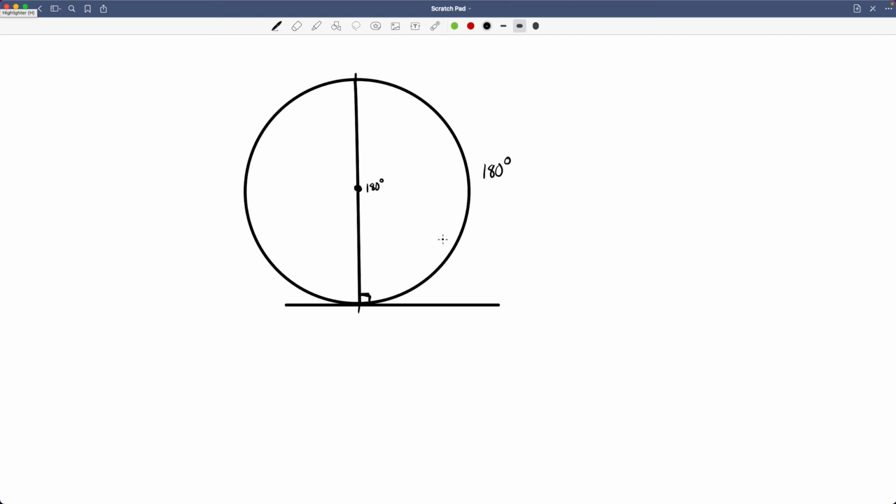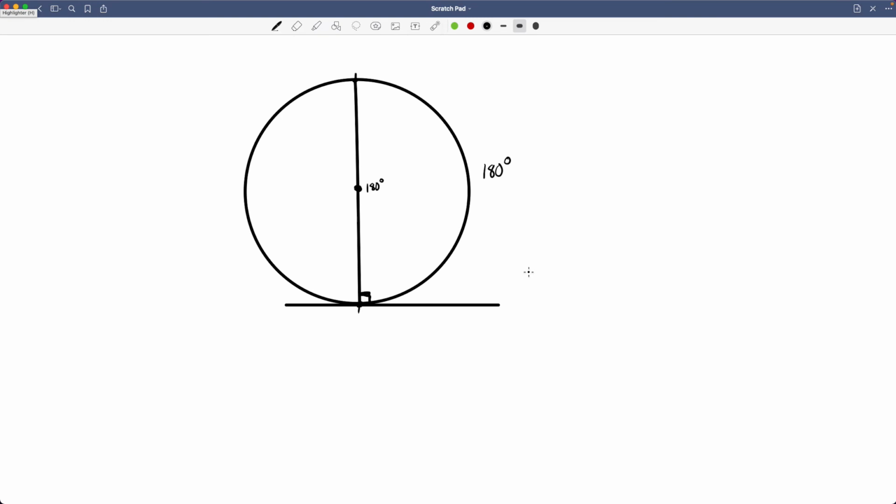So my point is, from here to here creates an inscribed angle. This tangent point to this point creates a 90 degree. 90 degrees is half of 180. So this is the inscribed angle that we create from these 2 points here.